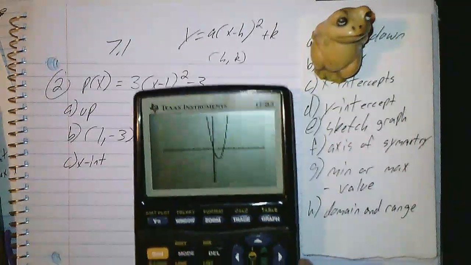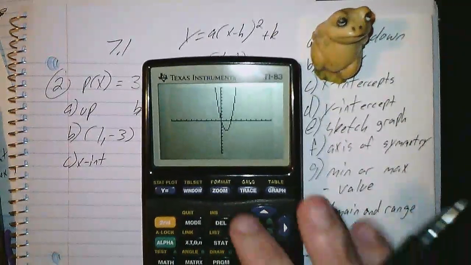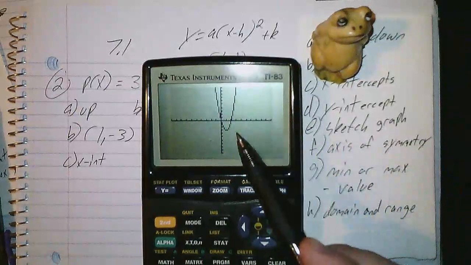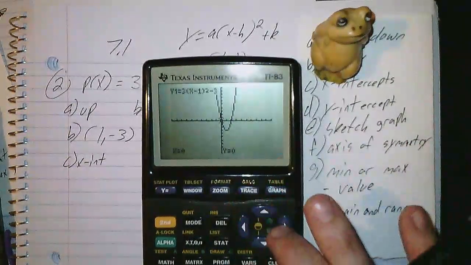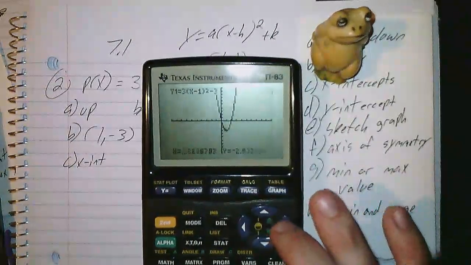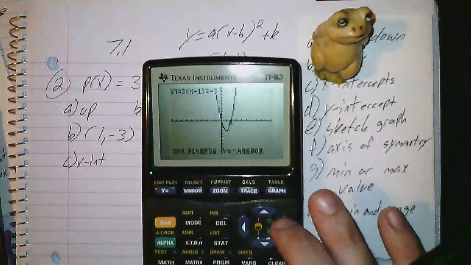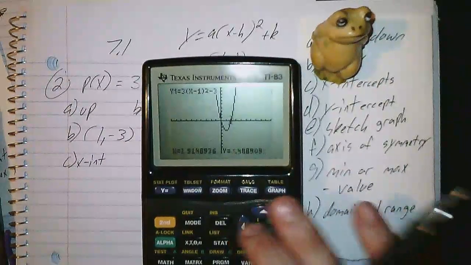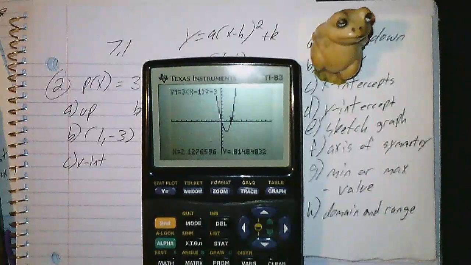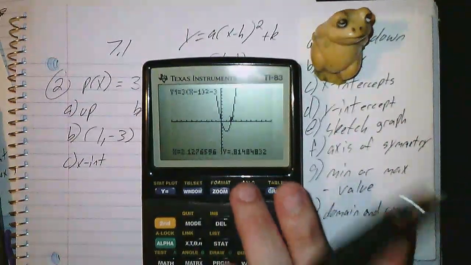A couple things to point out. I do like the way Professor Steele changes the window so that if you hit trace and move the cursor, you hit good values. See, it's going to move past the 2 because I haven't changed my window the way that he pointed out. So that is a very cool way to think about trace.